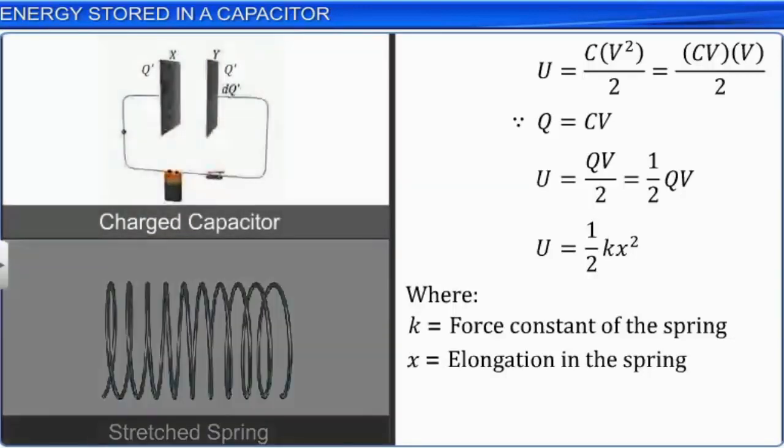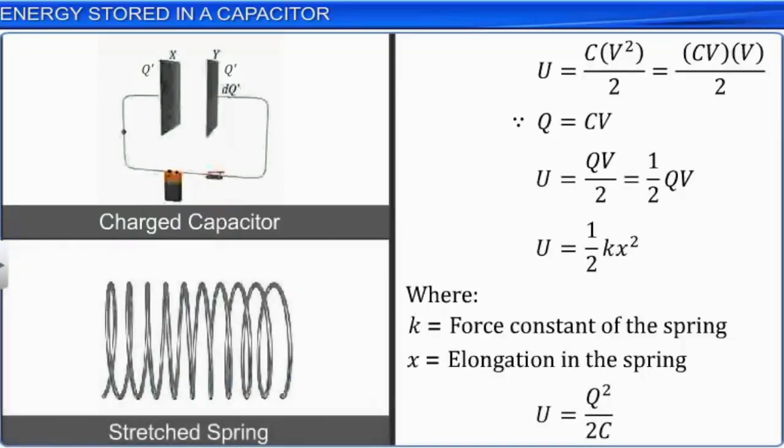Similarly, the capacitor when charged stores electrostatic potential energy U equal to Q square by 2C. We see that the value of Q is analogous to the elongation x, and the value of 1 by C is analogous to the value of the force constant K.